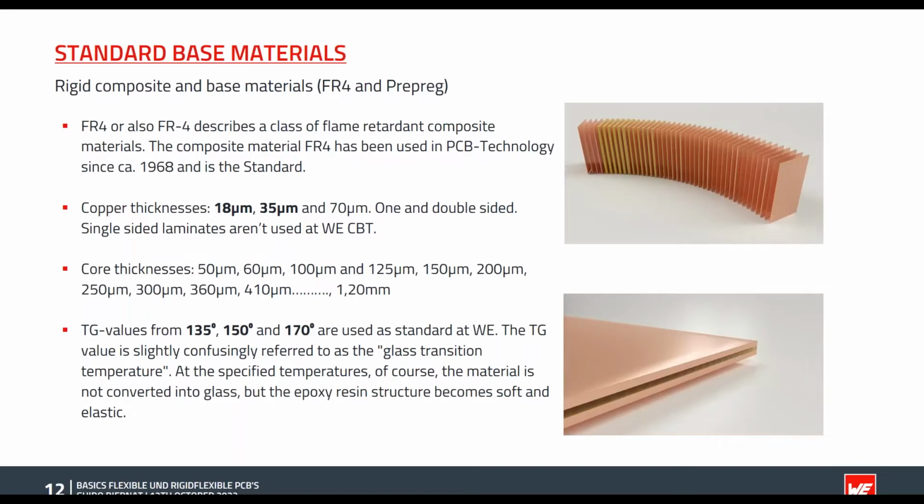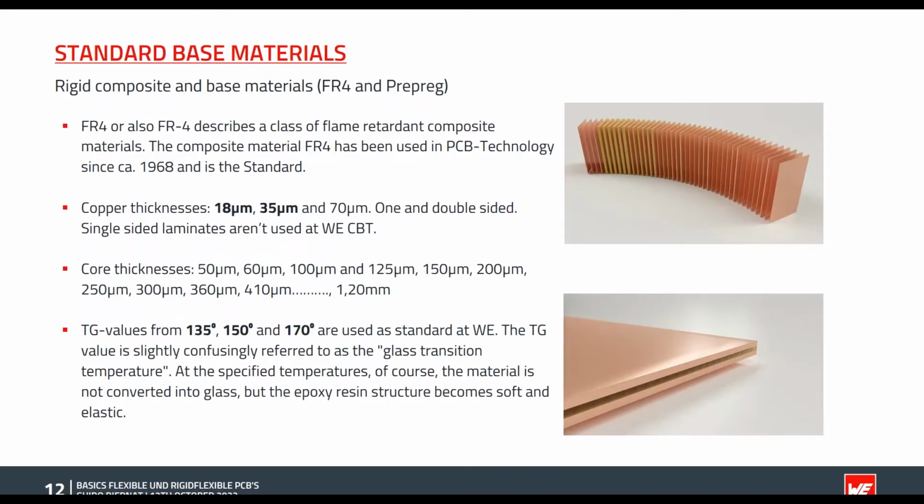The rigid composite and base materials FR4. FR4 describes a class of flame retardant composite materials. The composite material FR4 has been used in PCB technology since 1968 and is absolutely the standard. The standard copper thickness is 18 or 35 microns. 17 microns copper thickness is also possible for the standard technology.